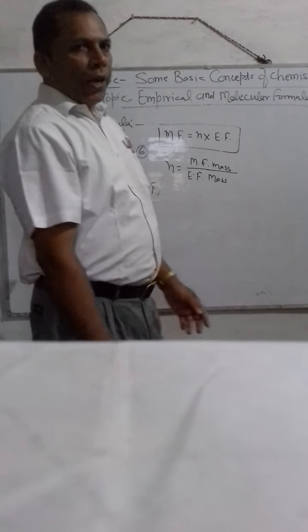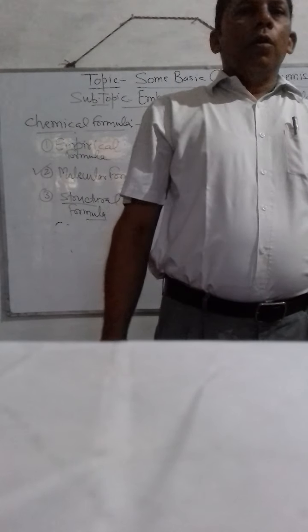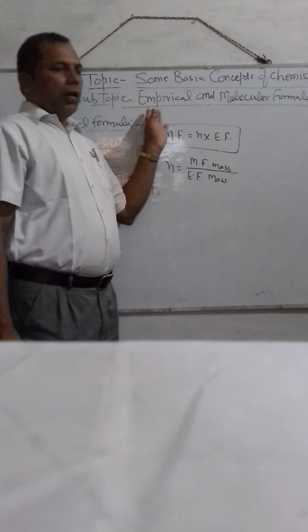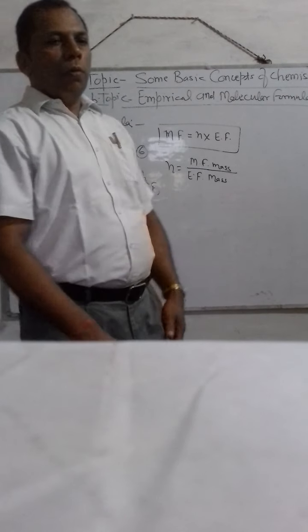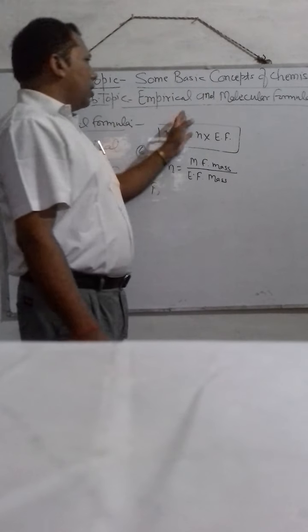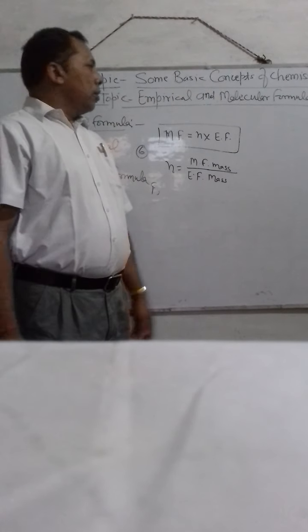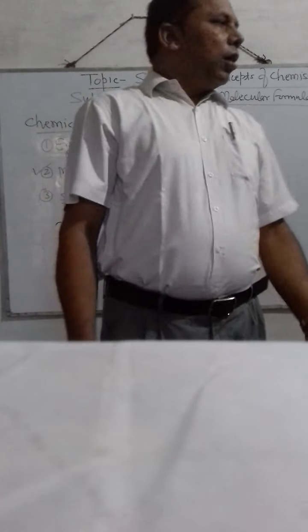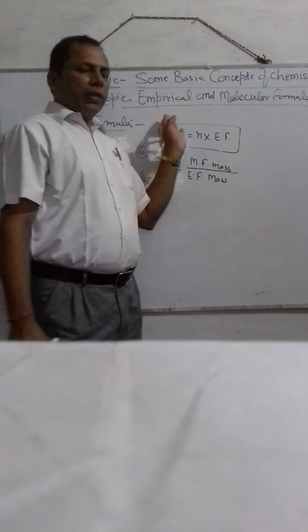So students, the next point to discuss is how the empirical formula of a compound is determined, and what methods or laws are used. The determination of empirical formula, its rules or laws, I will discuss in the next lecture.